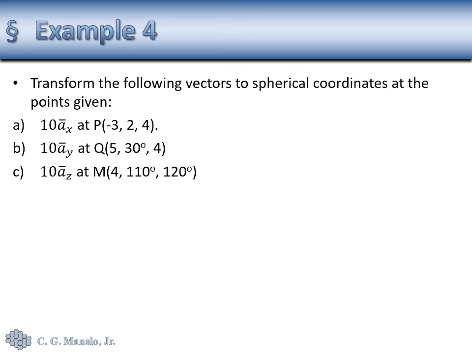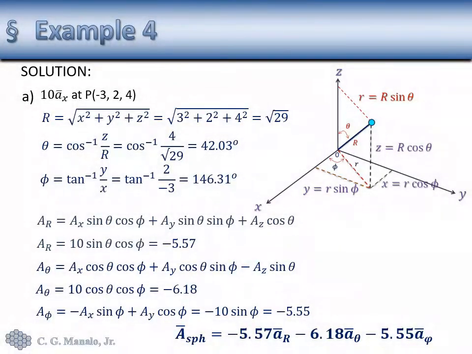In this last example, we have vectors, and we're being required to transform the vectors into their spherical coordinate equivalent at the specified points. So for letter A, we have a vector 10ax.